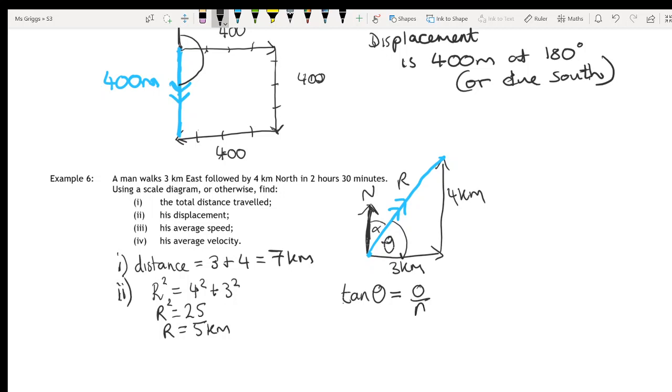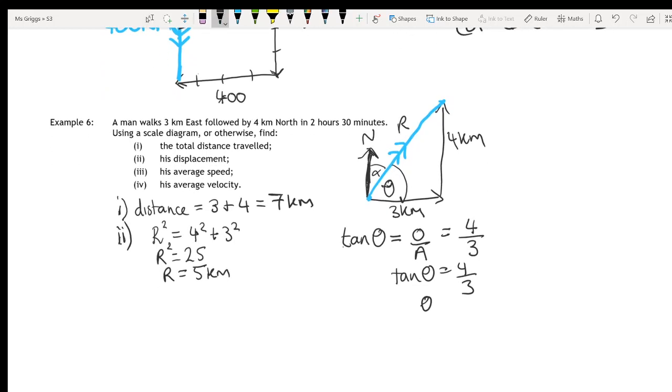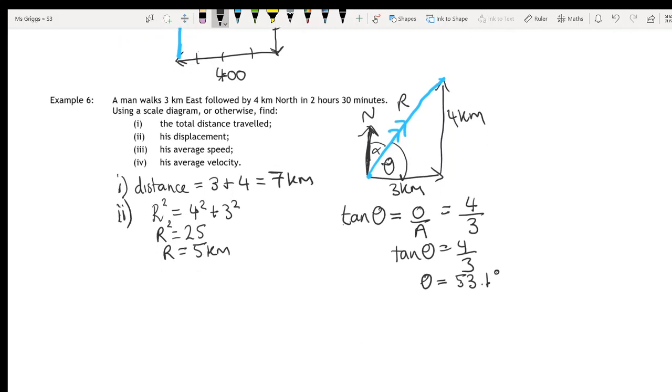Tan theta is opposite over adjacent. So tan theta is 4 over 3, then theta is the inverse tan of 4 over 3, which comes to 53.1 degrees. Okay, now we need to know what that angle is from north. So we're wanting to find alpha. So alpha is going to be 90 degrees minus 53.1.